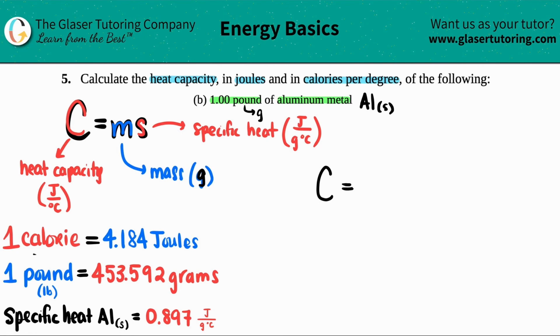We know that 1 pound, aka LB, is 453.592 grams. They told us literally we have 1.00 pounds. So that's this number. Whether I put 1 or just 1.00, it's the same number. So the 1 pound equals 453.592 grams. So that's the number that I'm going to put in here.